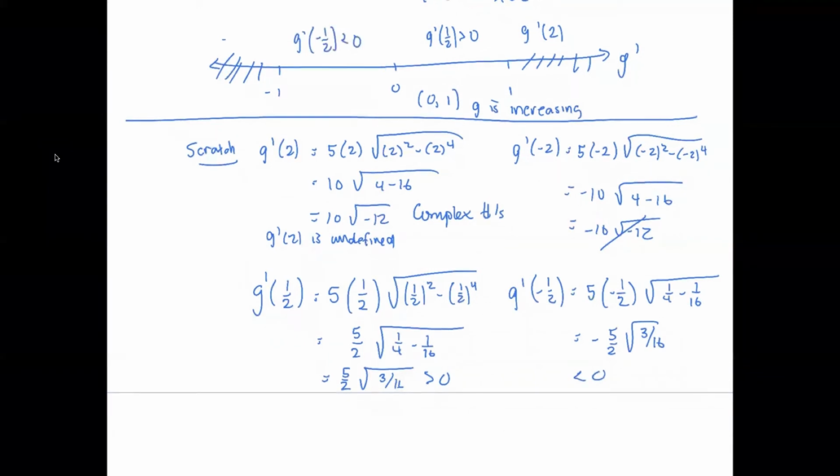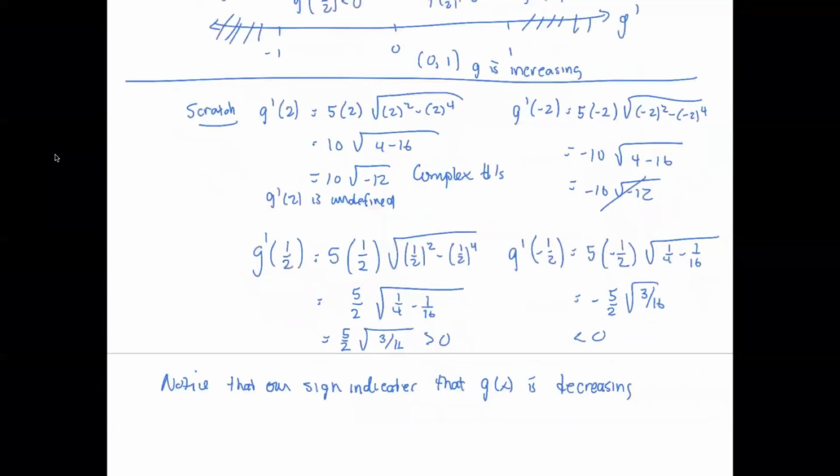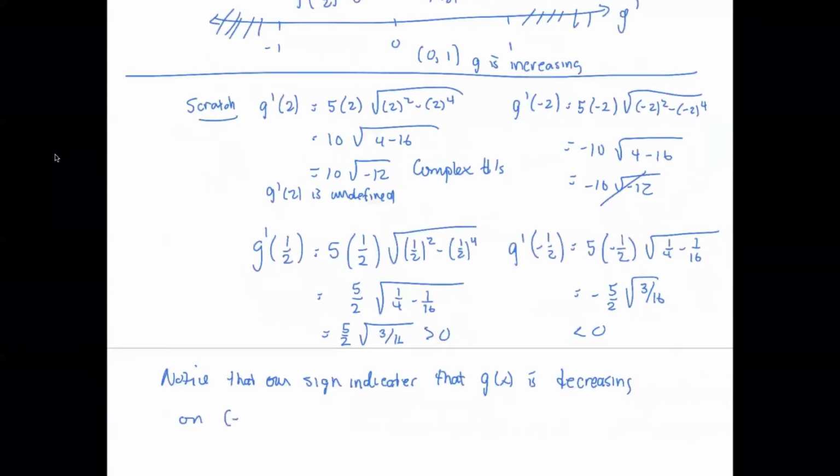So now that we have a sign chart for g, notice that our sign chart indicates that g of x is decreasing on negative 1 to 0, and increasing on 0 to 1.